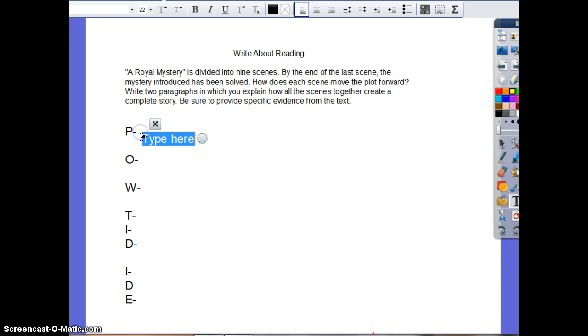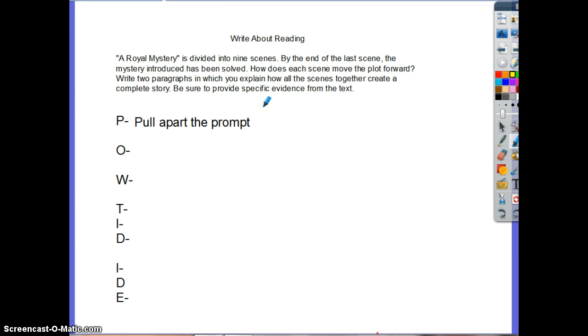So I'm going to write here to remind myself what this means. I'm going to type it out if it'll let me. Okay. Now pull apart the prompt means that I need to look at this prompt and ask myself, what is it asking me to do?